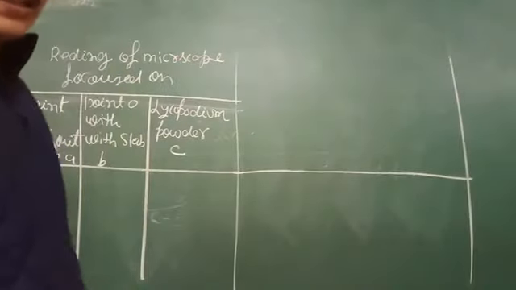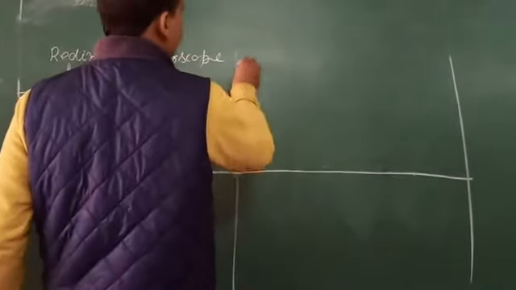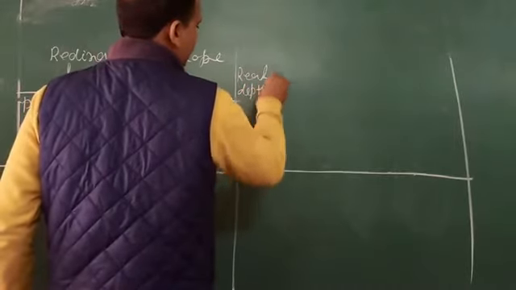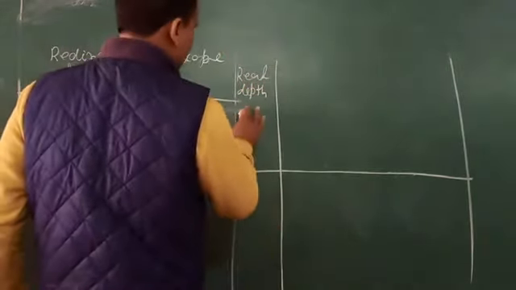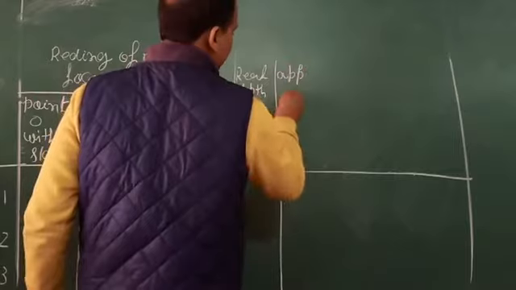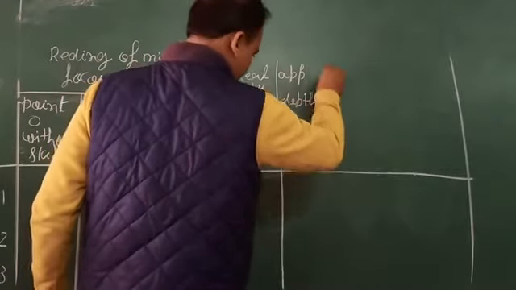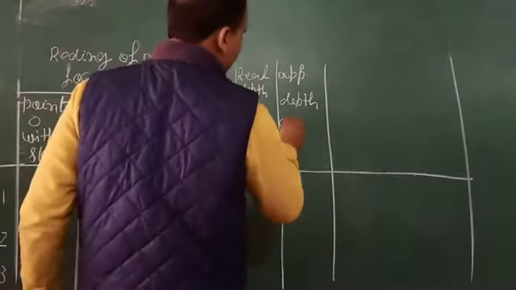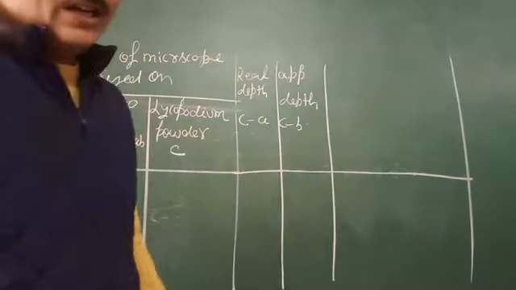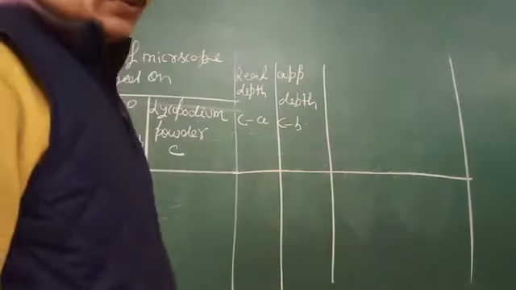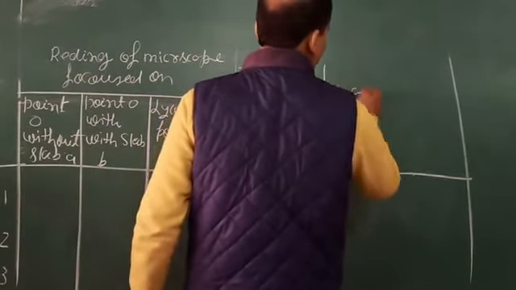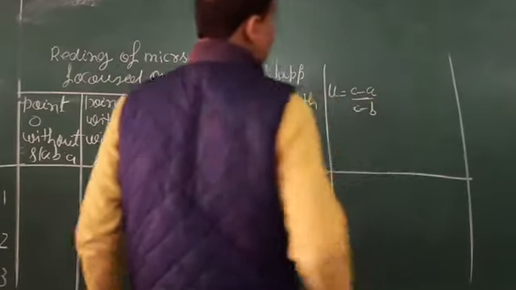And next, real depth is C minus A. Apparent depth is C minus B, that is C with A and C with B. And next, mu is equal to C minus A upon C minus B. We have to find this out.